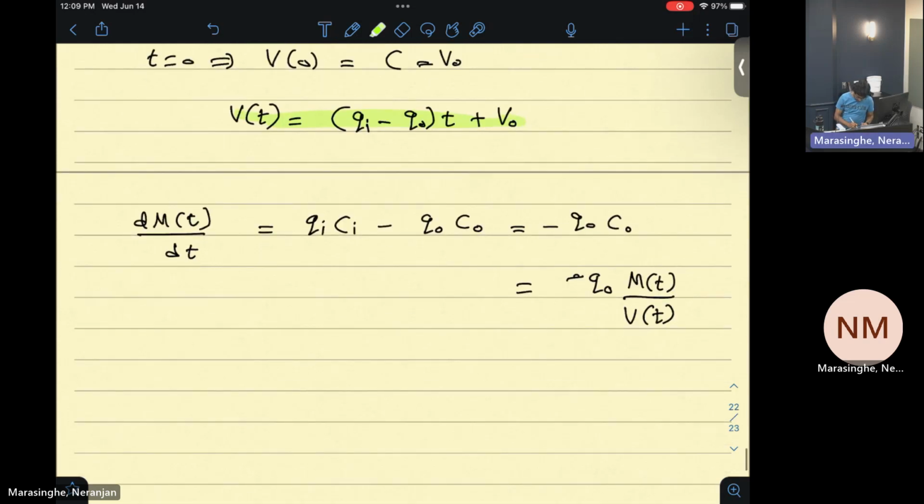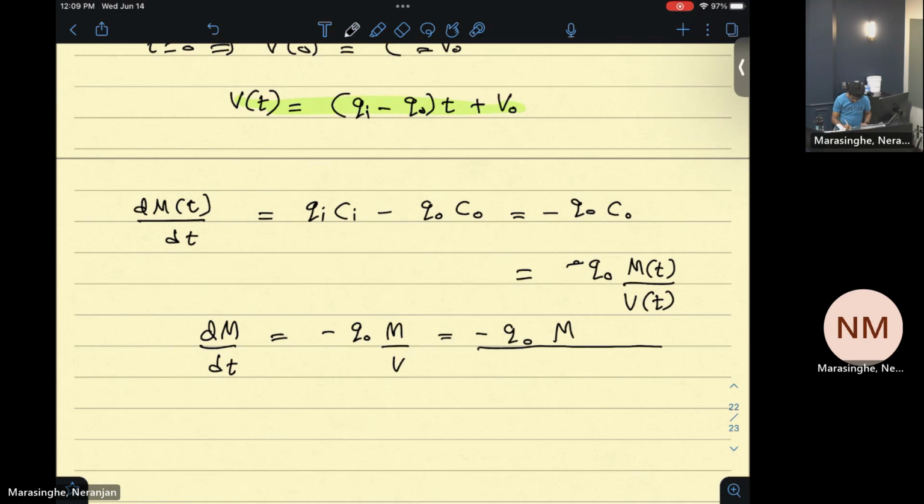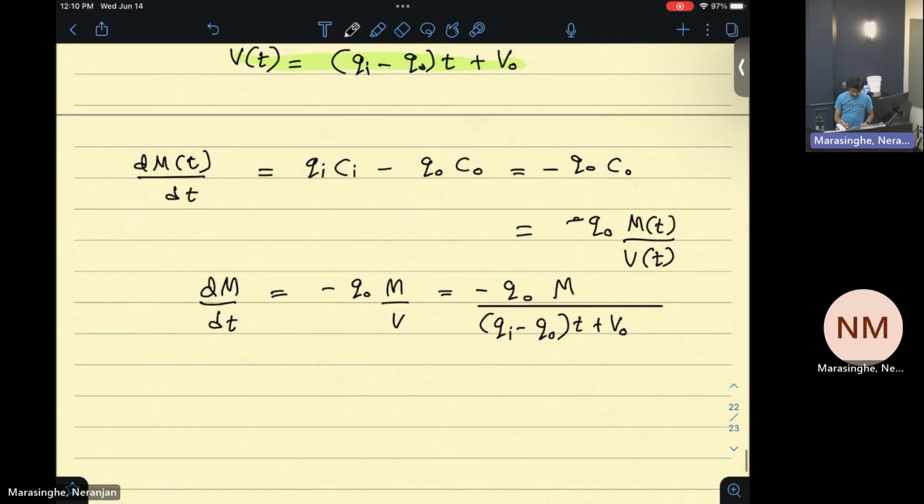So I have this differential equation: dm over dt is equal to minus Q naught m divided by V, which is equal to minus Q naught m divided by Qi minus Q naught times t plus V naught. Then this is again a linear differential equation.